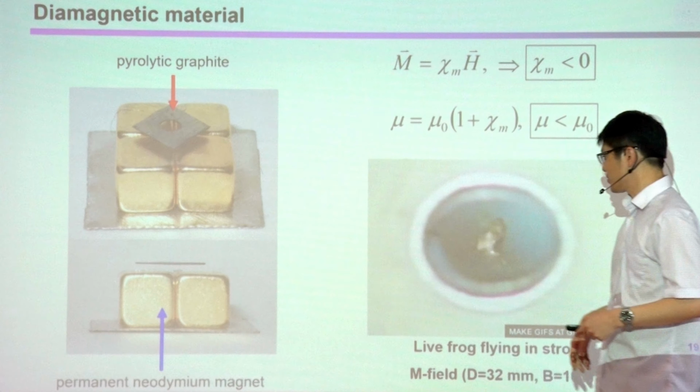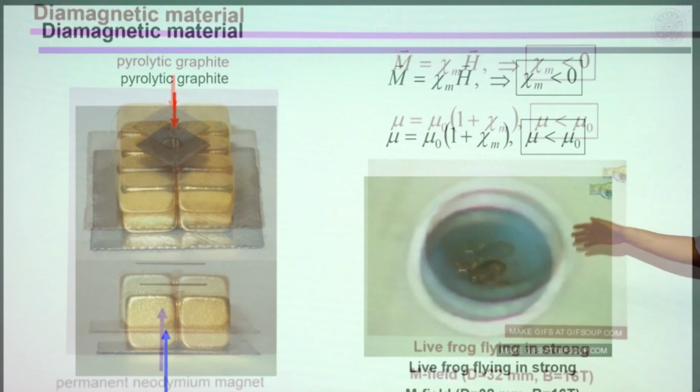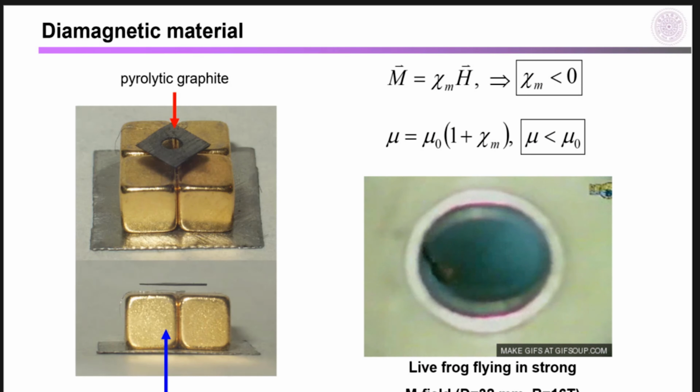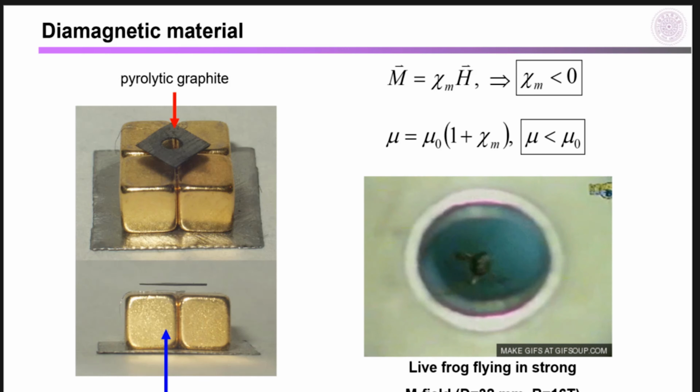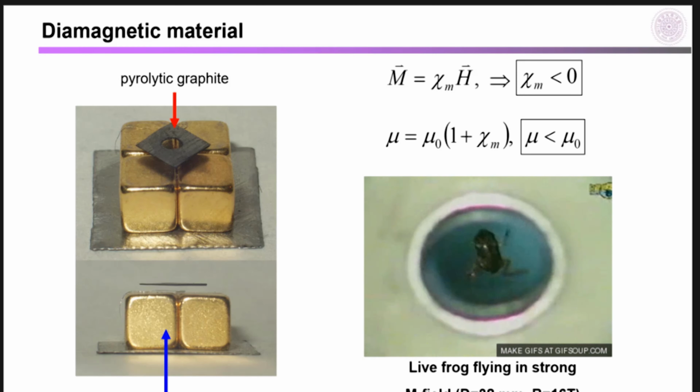Let me show you this picture. This is a movie. It's a live frog. It is still alive inside a very strong magnetic field. So the frog is floating. It's moving, but it's floating. It's suspended in air. So maybe one day I can just float in air and offer the course. It will be very fancy, right? So it is true.